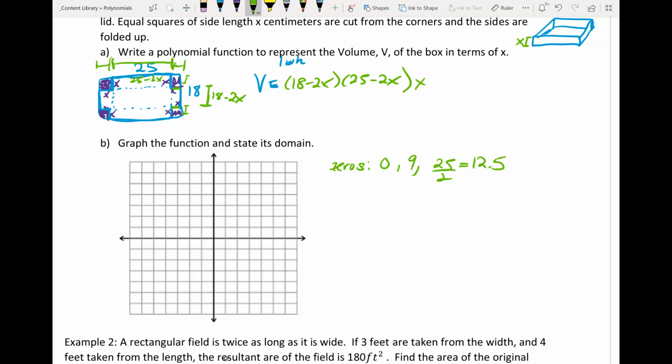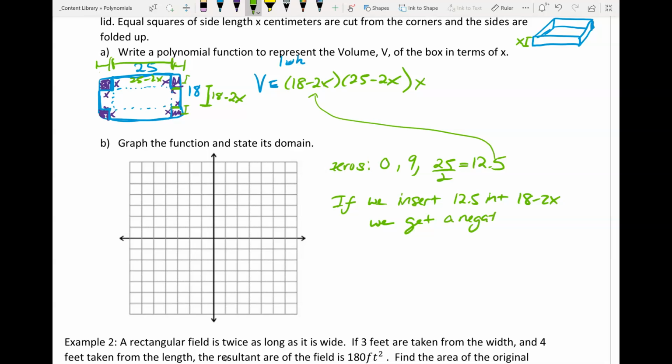But if you notice, if you take 12.5 and plug it into this part of our function, 18 minus 2 times 12.5, we're going to get a negative number. So we get a negative length, which again doesn't make sense with our context. So this one we're just going to get rid of. We're not going to use it.